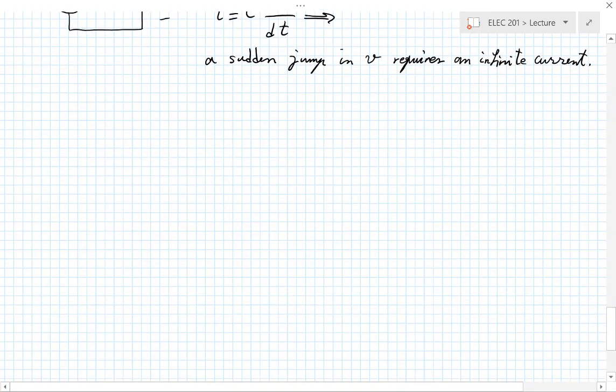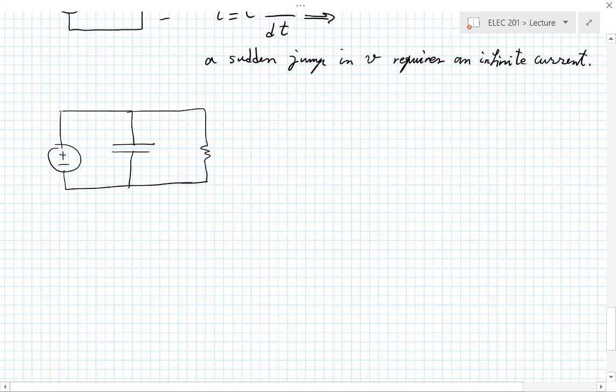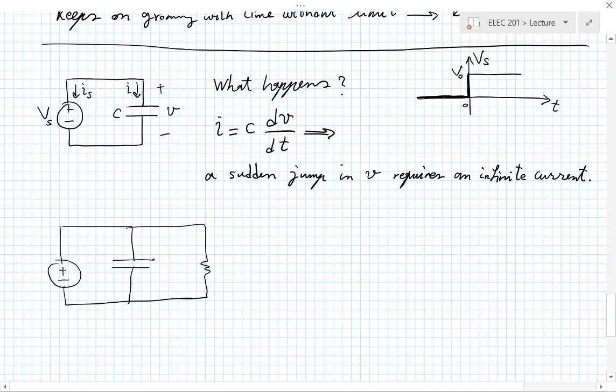So how about this? Problem fixed? The voltage source is jumping suddenly. Well, the same voltage is still across the capacitor. So the existence of this resistor here doesn't help. So what should I do?